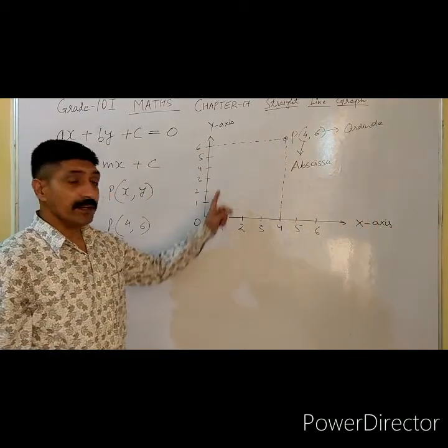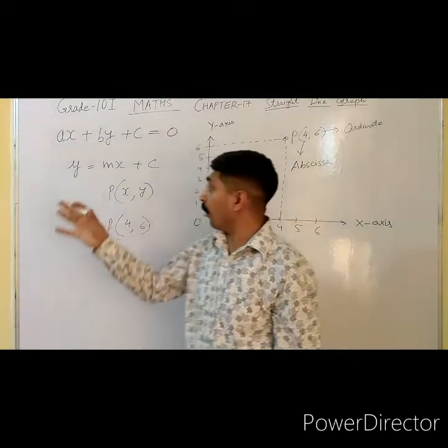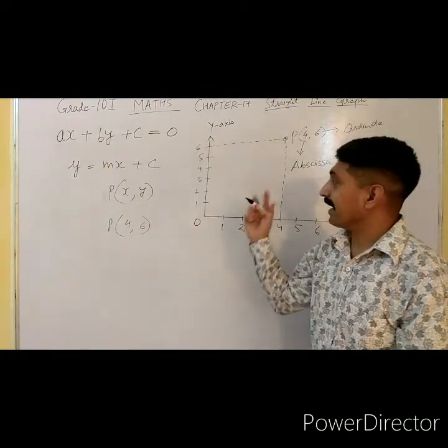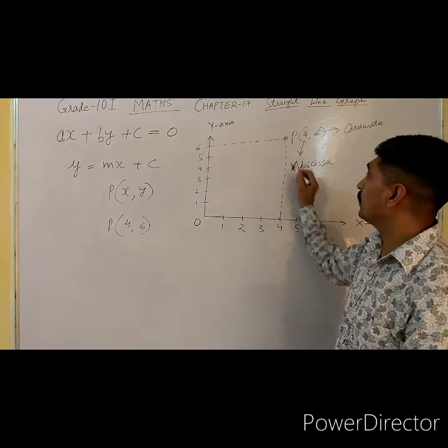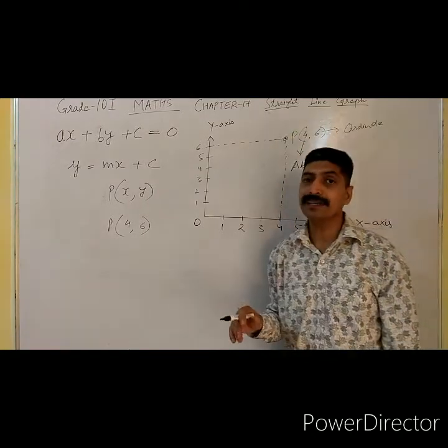In order to draw a line, we need at least 2 points, like one point P and one point Q, so we can draw one line.